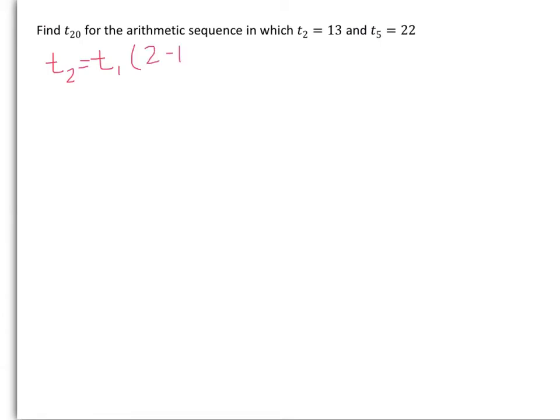So this is my first equation. I'm looking at this T sub 2, which is going to be equal to T sub 1 plus 2 minus 1 times my difference. I know that T sub 2 is 13, so I can rewrite that.